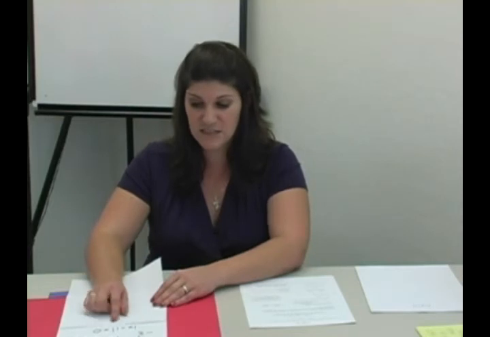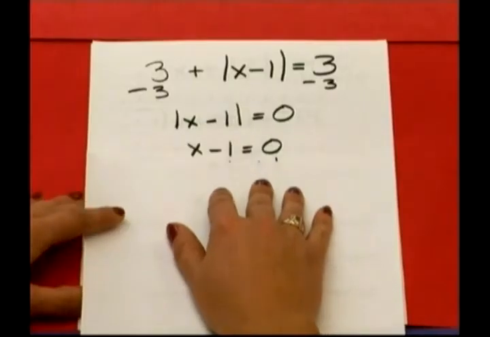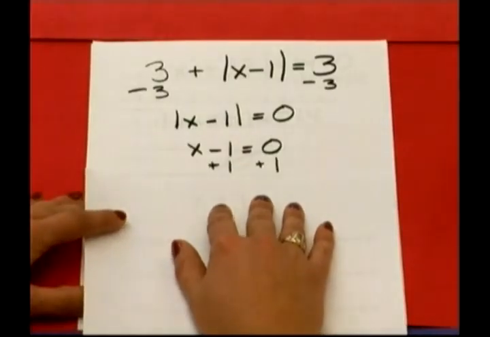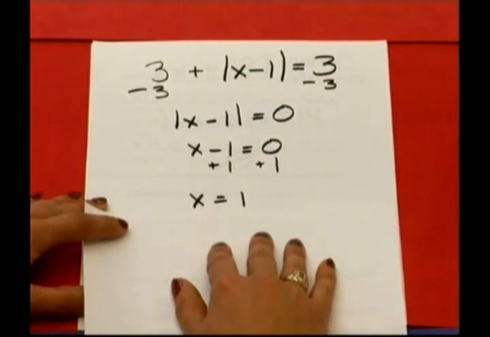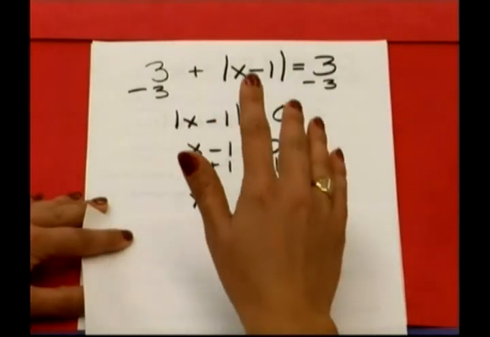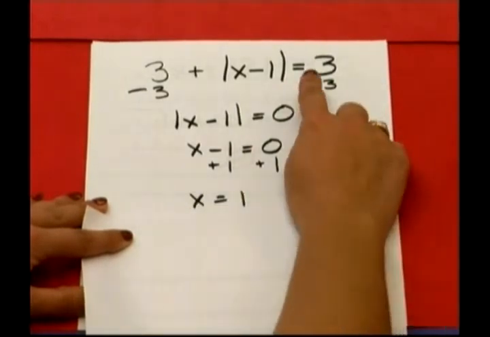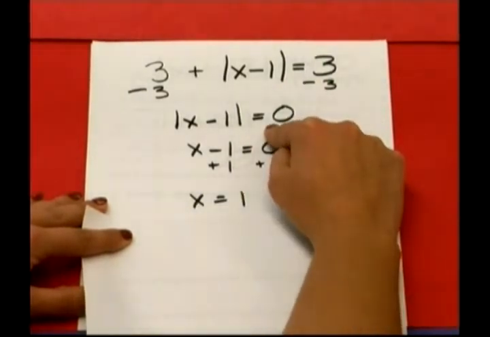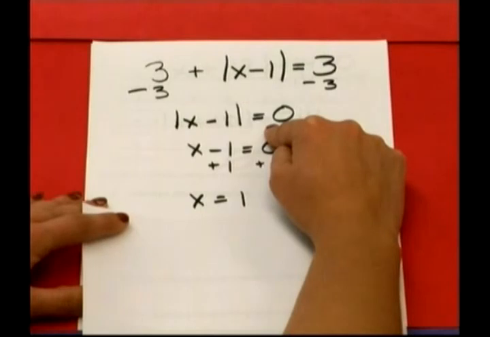Now, we don't have a -0 and a +0, we just have 0. Therefore, there's only going to be one solution to this problem. x minus 1 equals 0, we add 1 to each side and are left with x equals 1. So in this problem, the absolute value was 0. Therefore, we had only one answer.